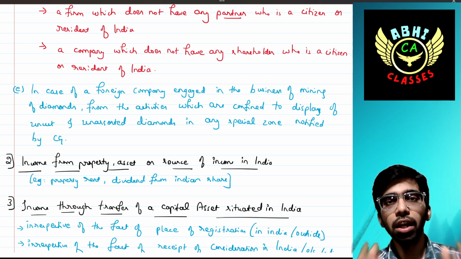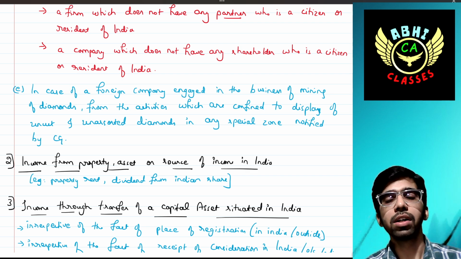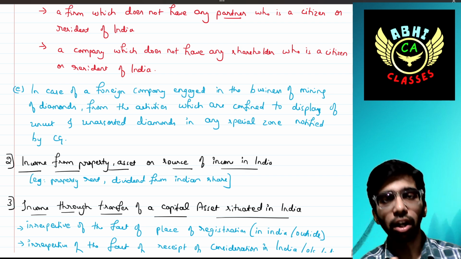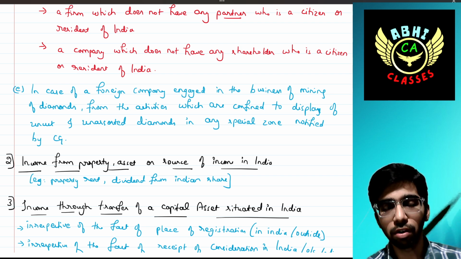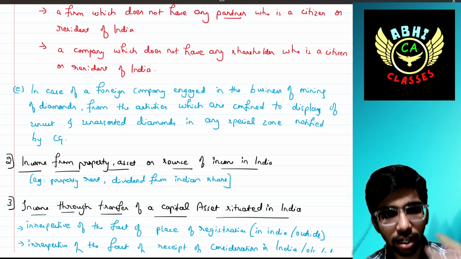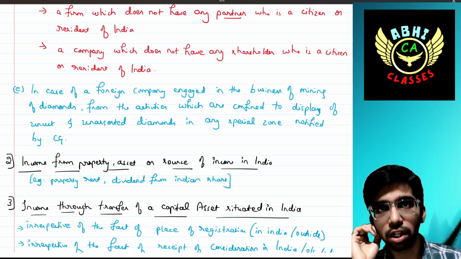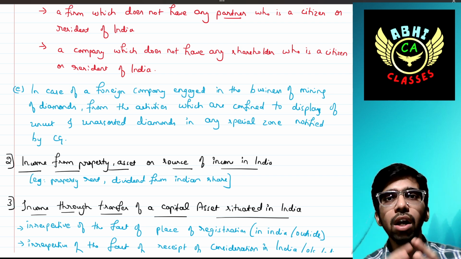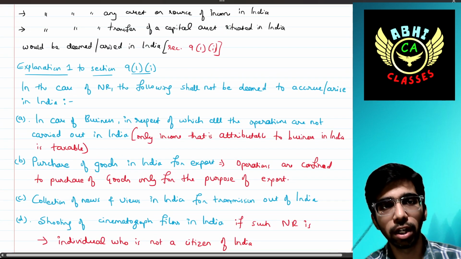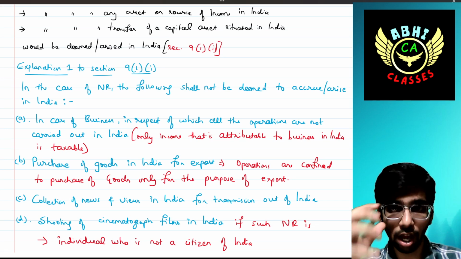Any foreign company whose main job is mining of diamonds and which confines itself only to the display of uncut or unassorted diamonds in a special zone notified by the central government, any income generated through that is also not to be deemed as Indian income for these non-residents, because foreign companies are non-resident, let's assume. For these categories, income is not to be treated as deemed to be in India.